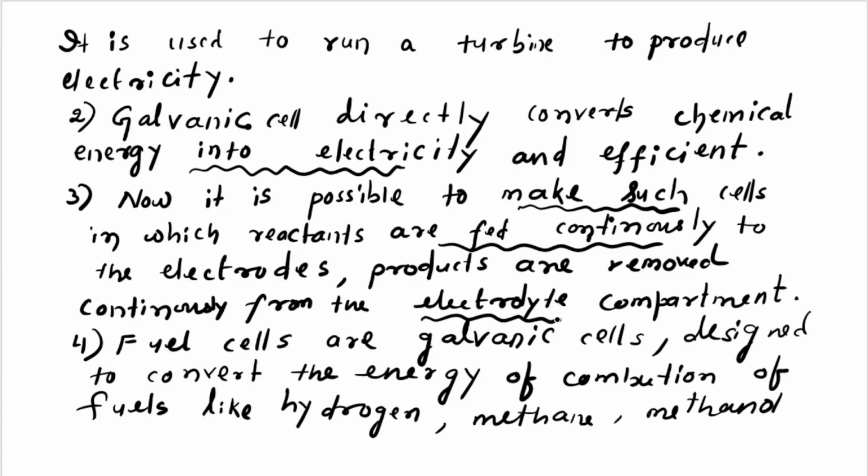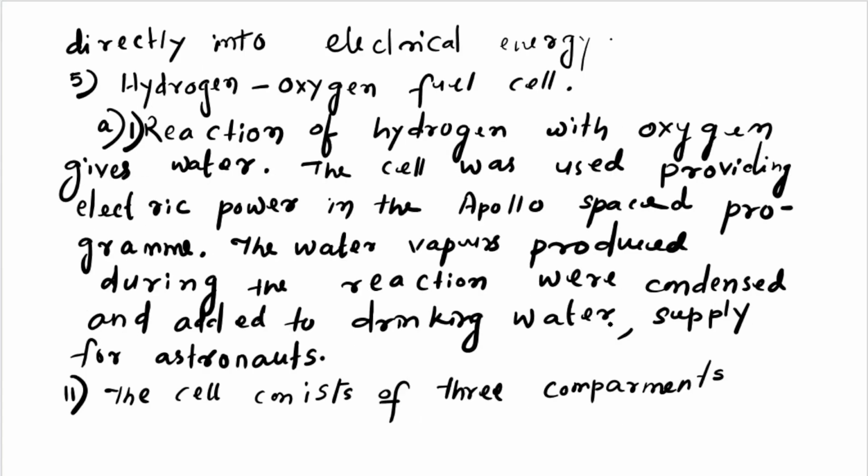Fuel cells are galvanic cells designed to convert the energy of combustion of fuels like hydrogen, methane, methanol, which burn and give energy and also the product water, directly into electrical energy.